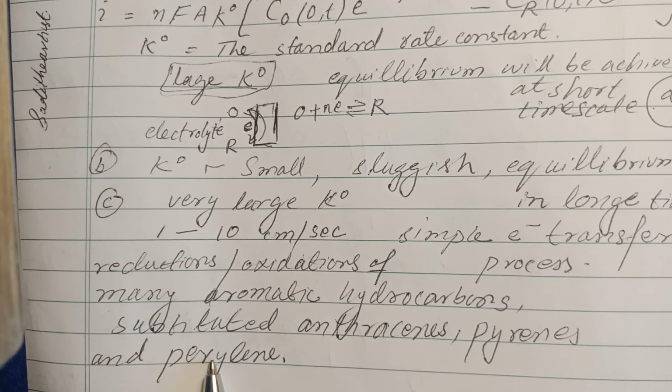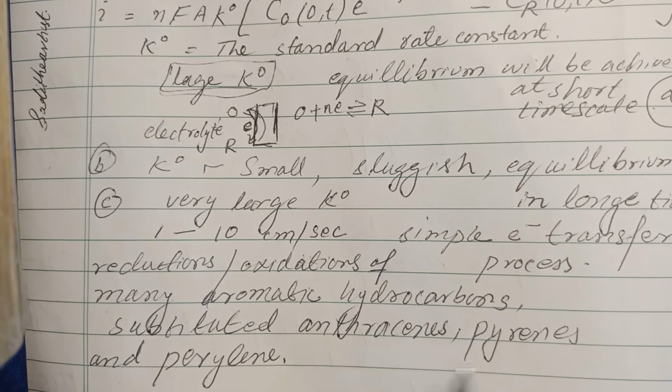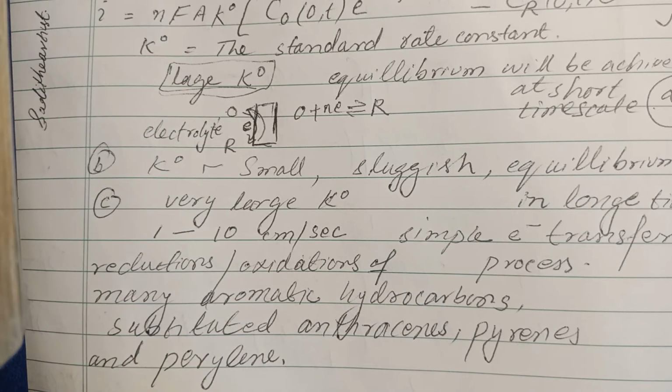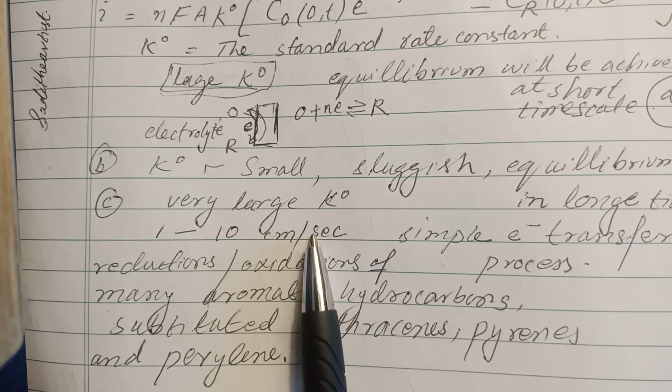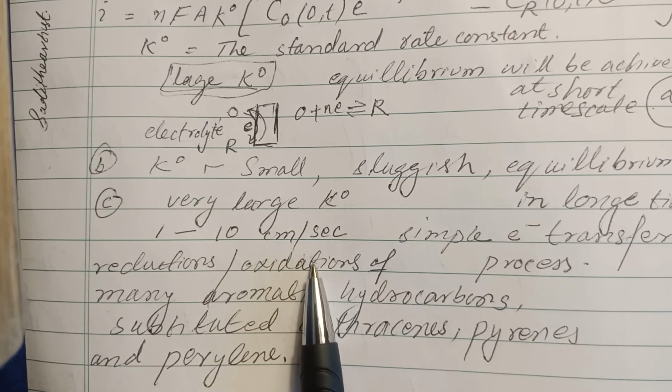So the cations and anions of these kinds of structures are in the category of the very large standard rate constants.